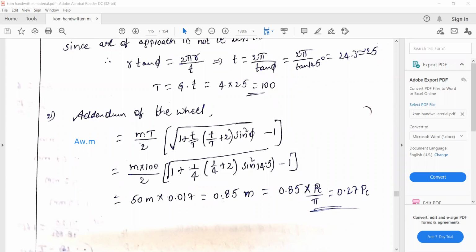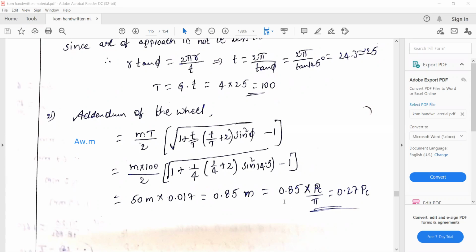When the value is arrived in terms of the module, it is also converted into our circular pitches.